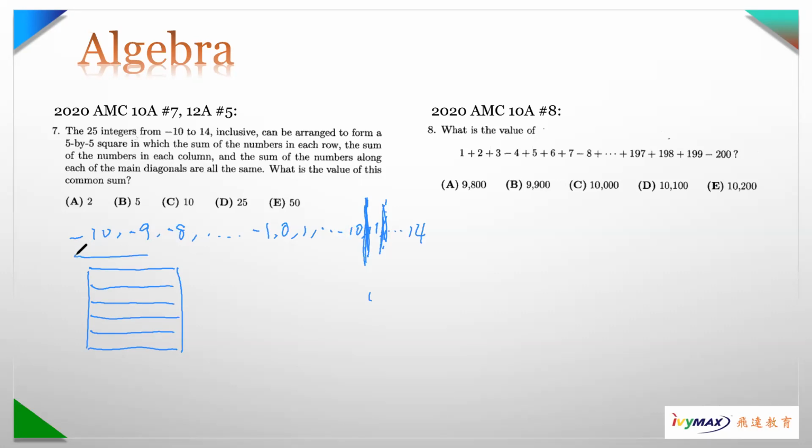So if you sum them up, that should give you 0. Then sum up the rest: 11, 12, 13, and 14. That should give you the total sum, plus a 0 in the front, divide by 5. This should be the sum of each row, and it should also be the same value for each column, and the same sum along the main diagonals. So this result should give you the answer 10, which is C.